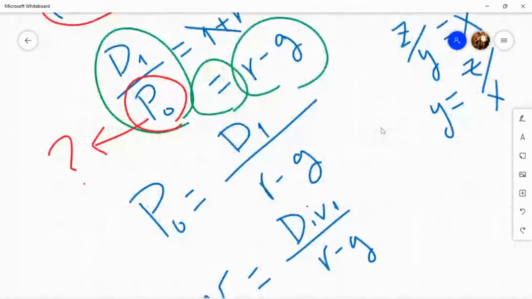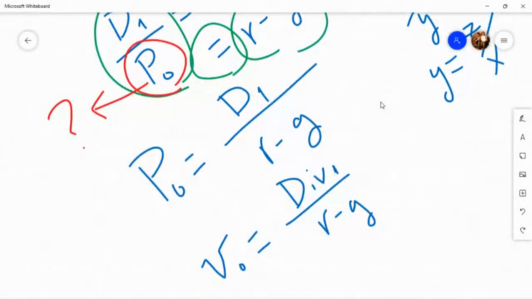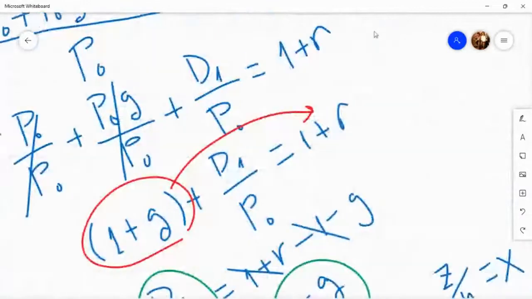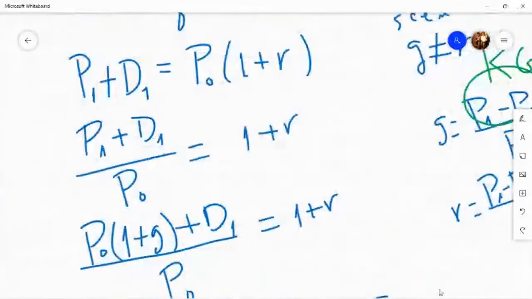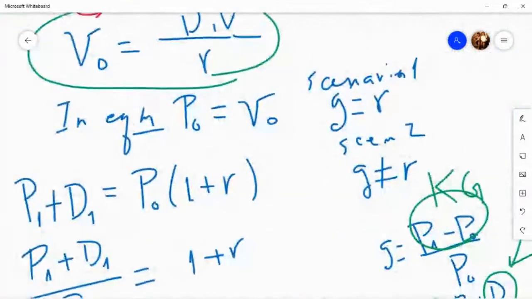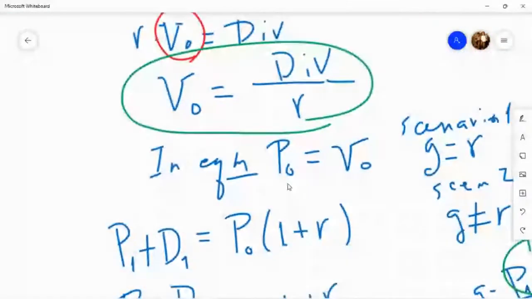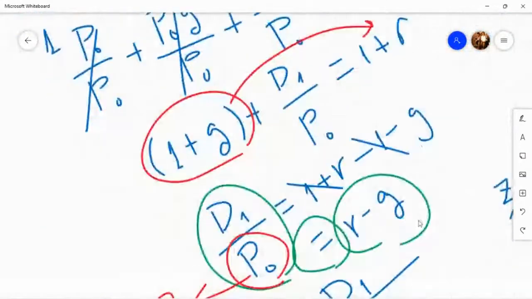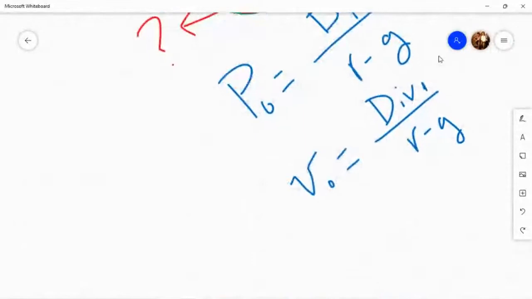Again, P and V are not the same thing most of the time, but only under equilibrium condition, right? We assumed equilibrium condition. In equilibrium, P is V, right? Market price is the intrinsic value.